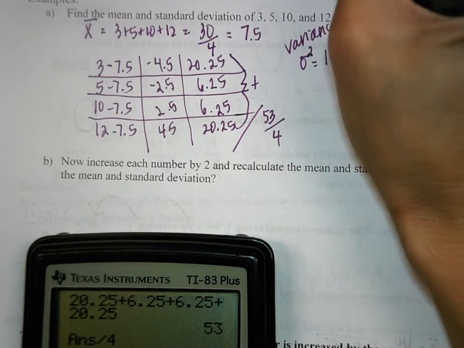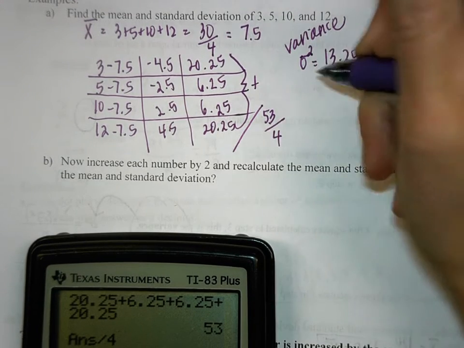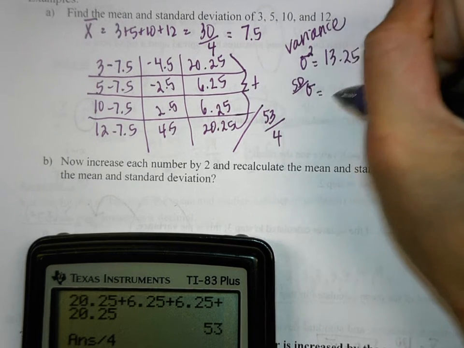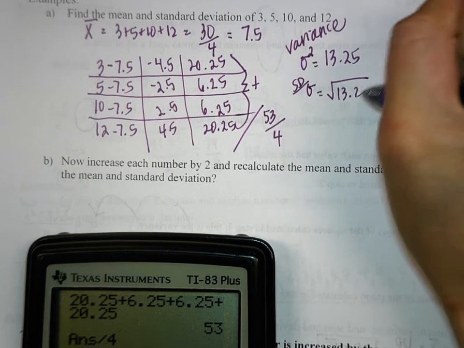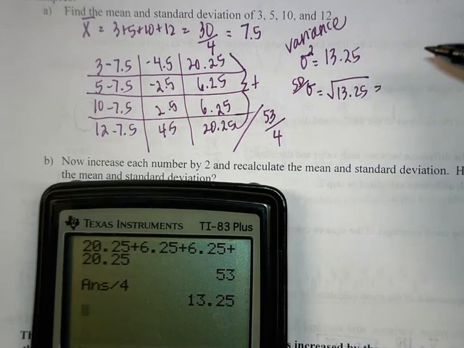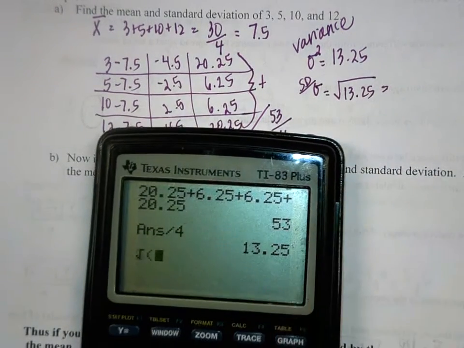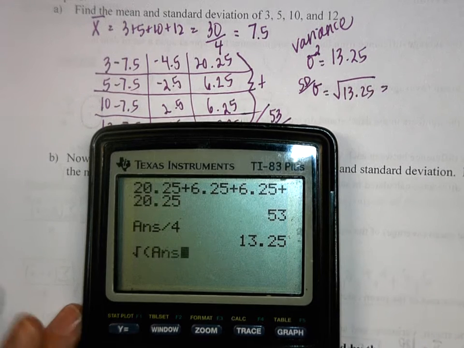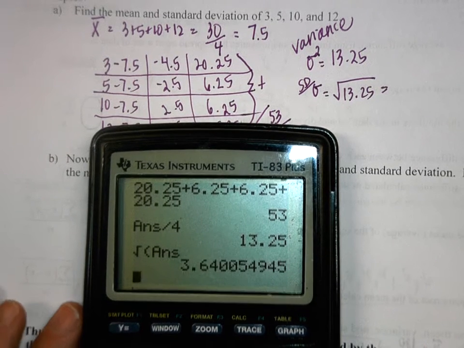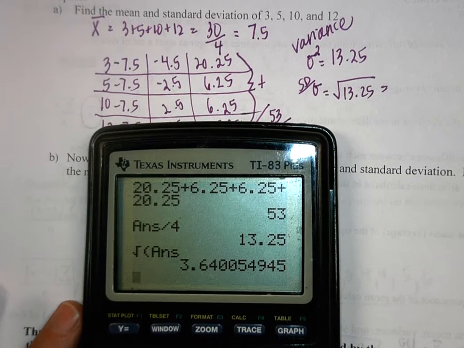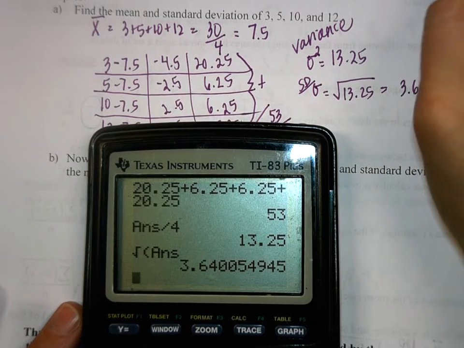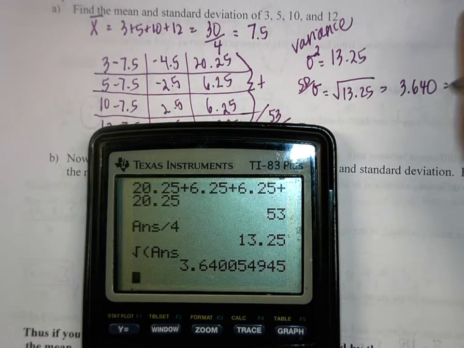And then in order to find the standard deviation, what do we do? Very good. We take the square root of 13.25. And so in my calculator, I'm just taking the square root of my answer, which is, we're going to take this one out to 3 decimal places. 3.640 is my standard deviation.